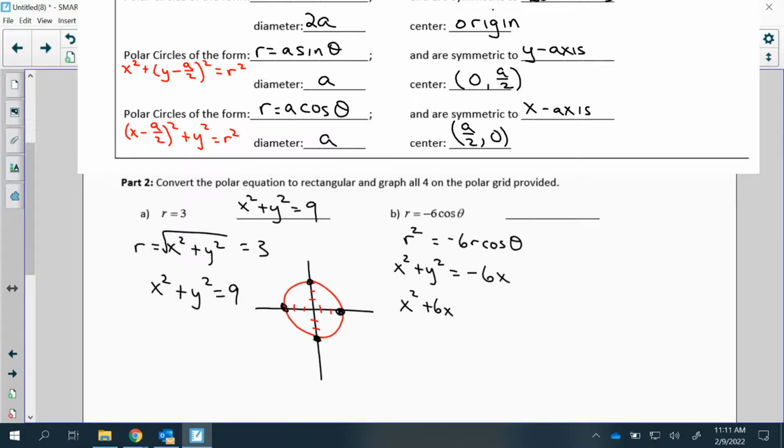But let's do a little bit of algebra to prove it. r squared equals -6 r cosine theta, multiplying both sides by r. Then we replace r squared with x squared plus y squared, and r cosine theta with x. Then we add the 6x over and complete the square, and we end up with exactly what we thought it would be.